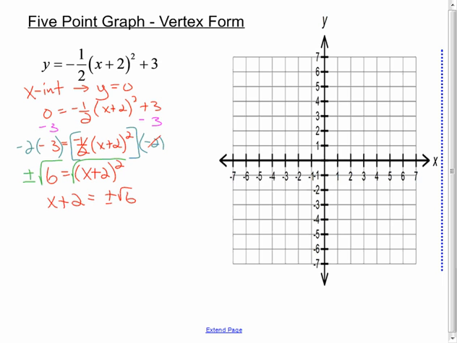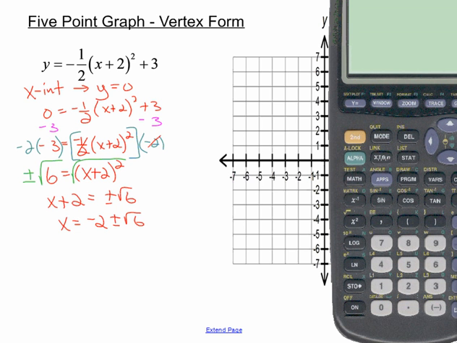Then from there, I'll subtract 2 from both sides, and that will give me -2 plus or minus root 6. And this is root 1 and root 2 for this function. They're exact values. If you notice that they're going to be radicals, so on the graph they'll be decimal values.